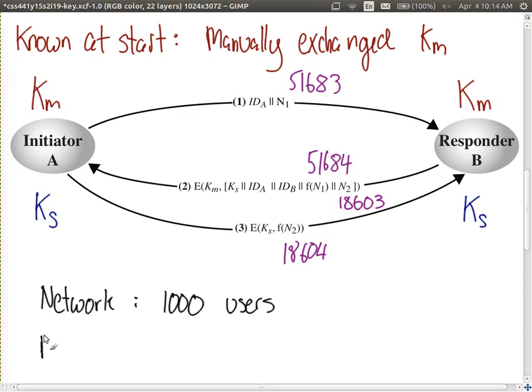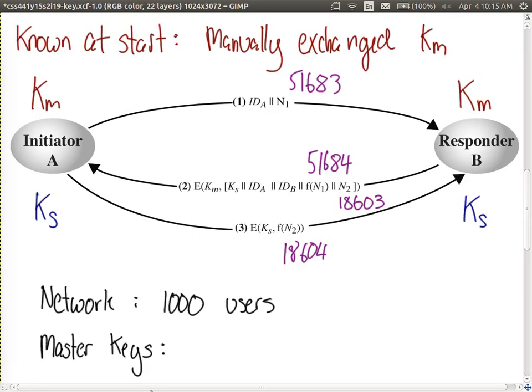How many master keys are needed in the network? What we've shown in this protocol is the session key exchange between A and B. If it was between A and C, it would be the same steps, but different key values, in particular, different master key.